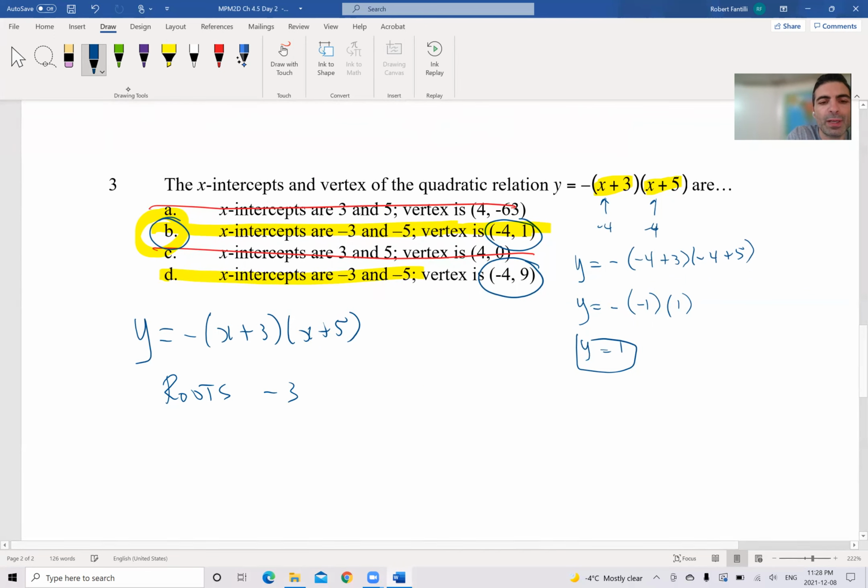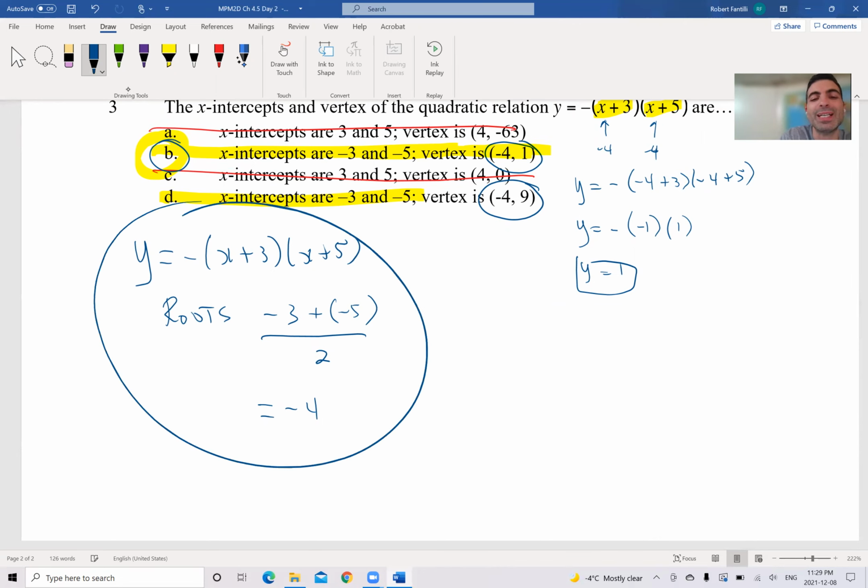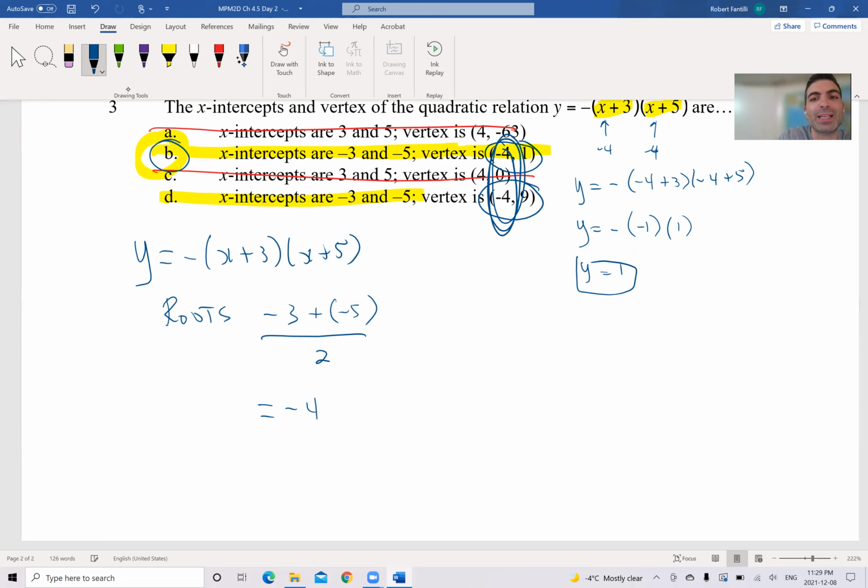So I'm going to add -3 plus -5 and divide by 2. And I get -8 divided by 2, which is -4. Okay, we already knew that the x value of the vertex is -4. Sub it back in and then figure out y is 1. But you don't have to do this in this question, because we can notice that both of them were given as -4 in my possible answer choices.